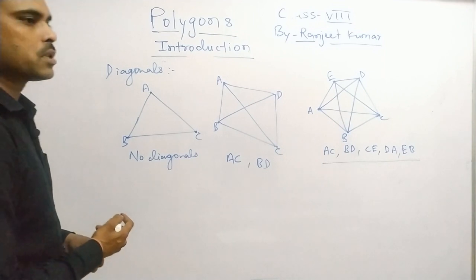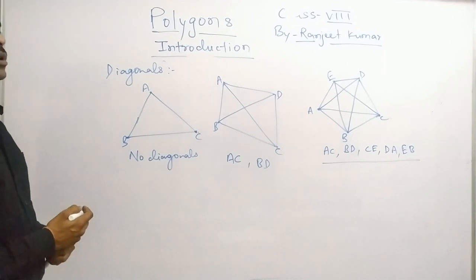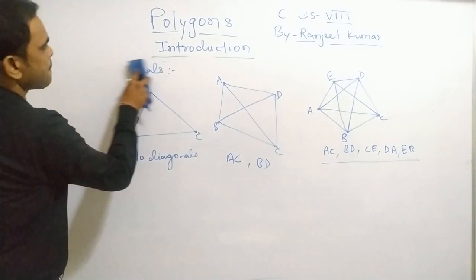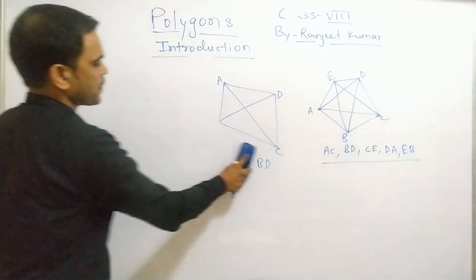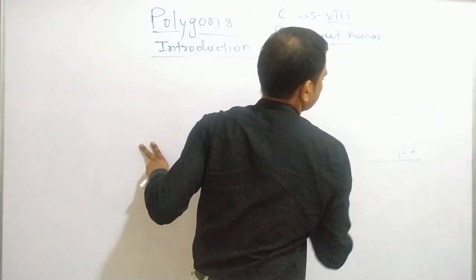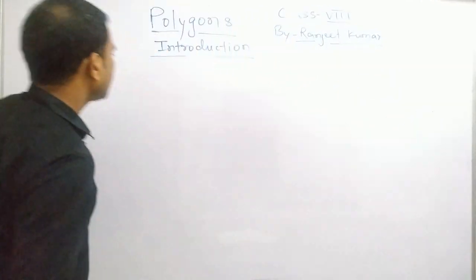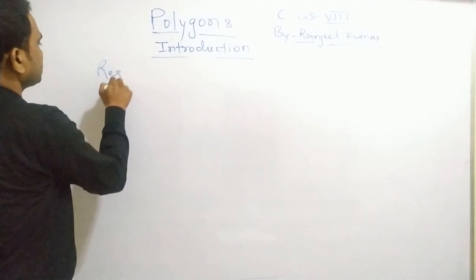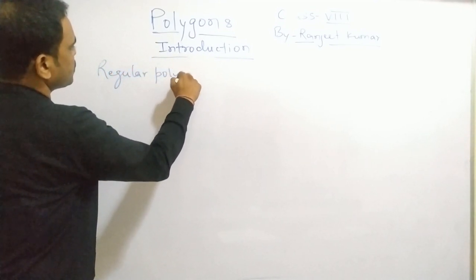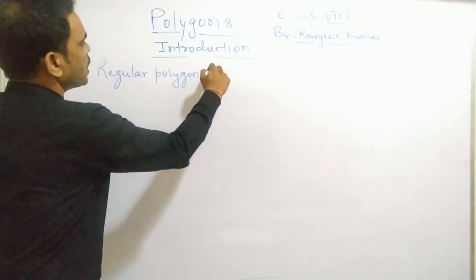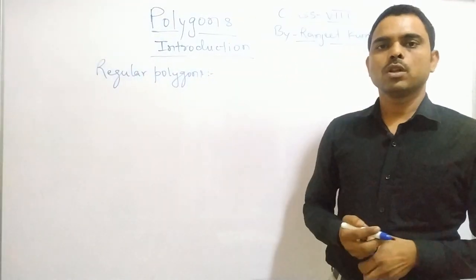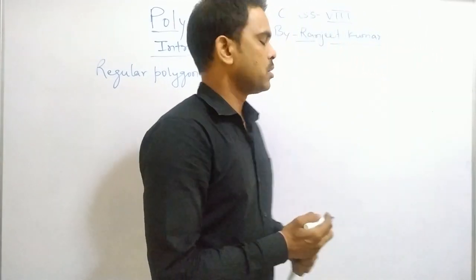After this, we have to know about regular polygons. Regular polygons are those polygons in which all the sides are equal.